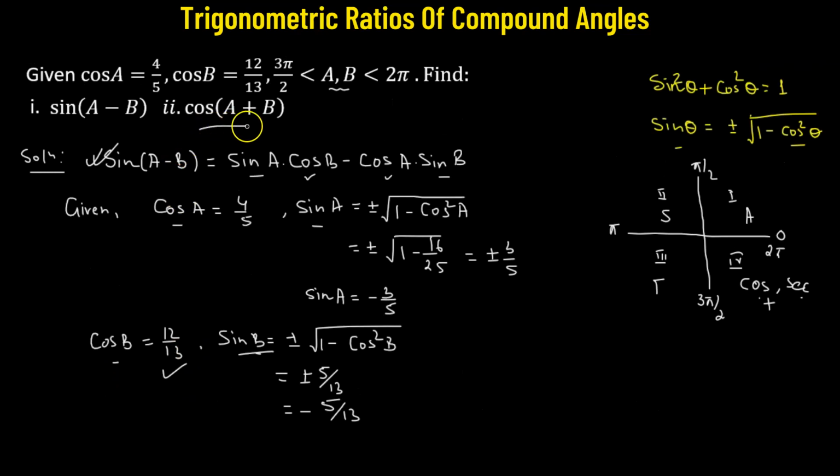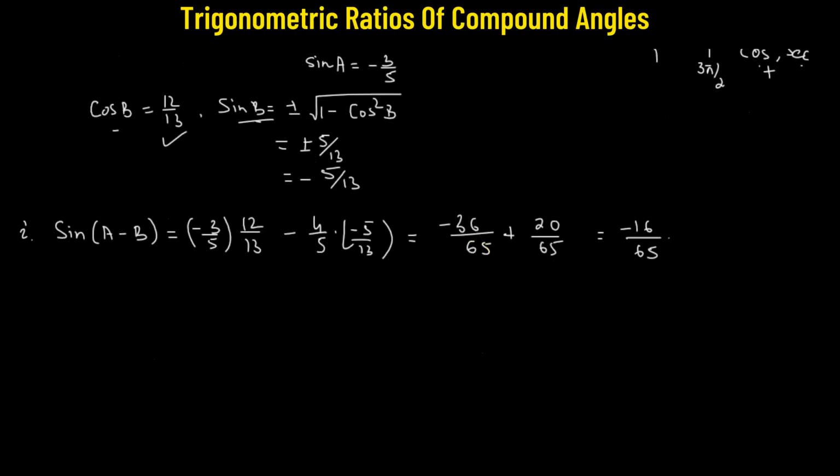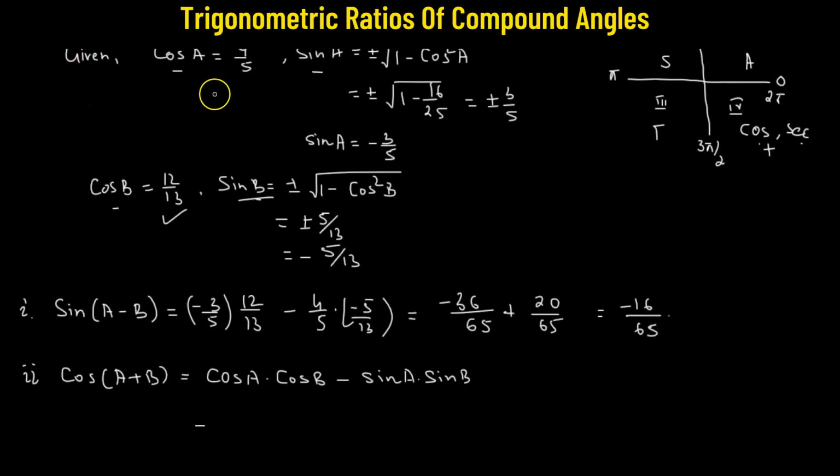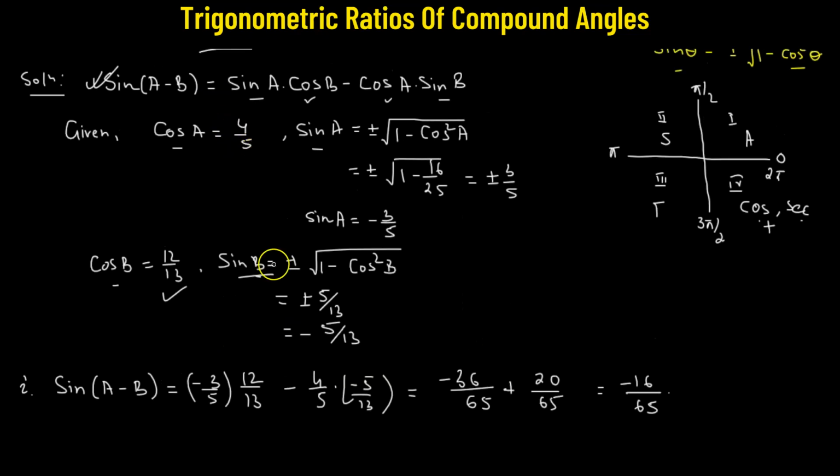Our next task will be to find out the value of cosine of A plus B. For that, we know that cosine of A plus B will be given by the formula cosine of A multiplied by cosine of B minus sine of A multiplied by sine of B. So cosine of A, we have already been provided with that value, that's 4/5.